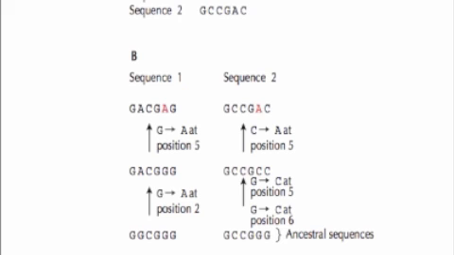So this is related to an issue called homoplasy. Homoplasy is basically convergent evolution of the character states for the characters that you are looking at when you're studying organisms.